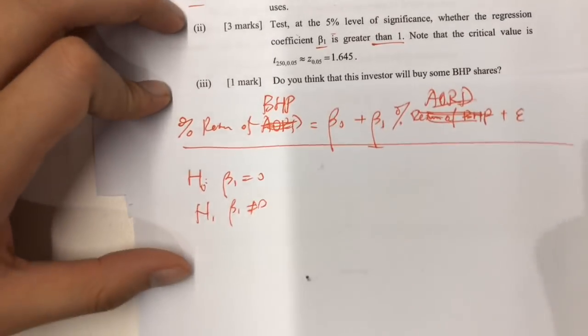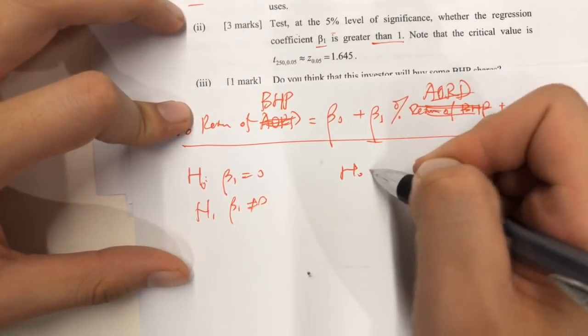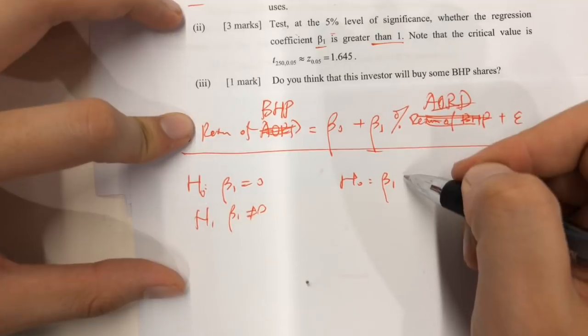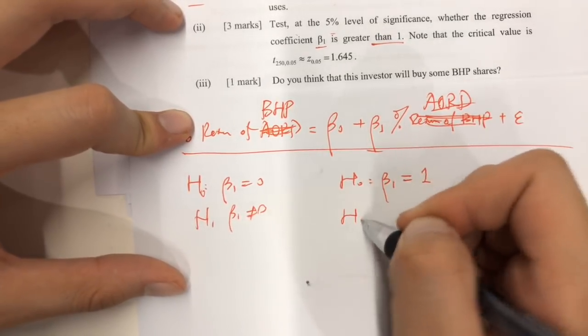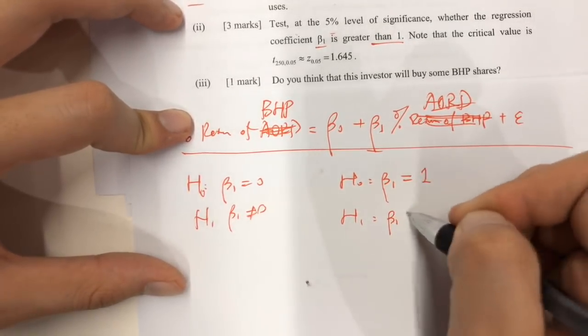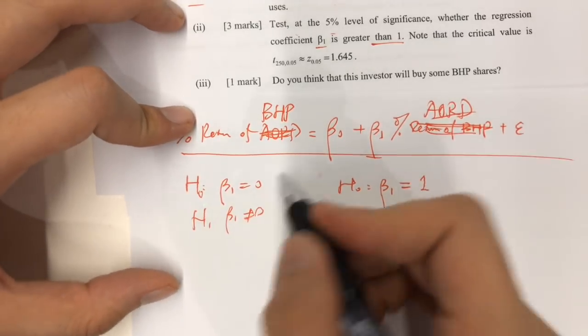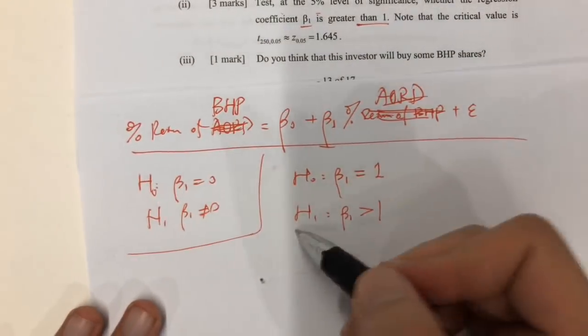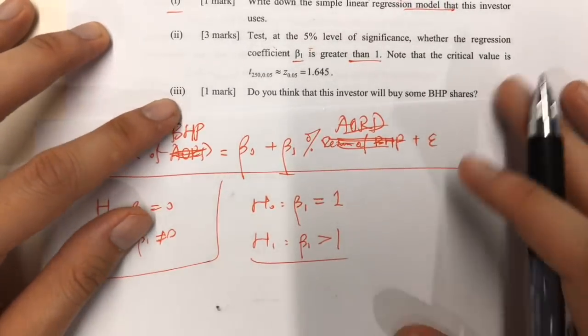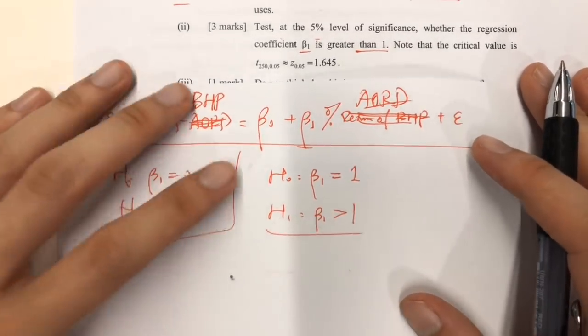But anyway, we want to test whether beta 1 is equal to 1 or beta 1 is greater than 1, right? So what should we do in order to perform this test? This involves your understanding of the test statistic T, right?